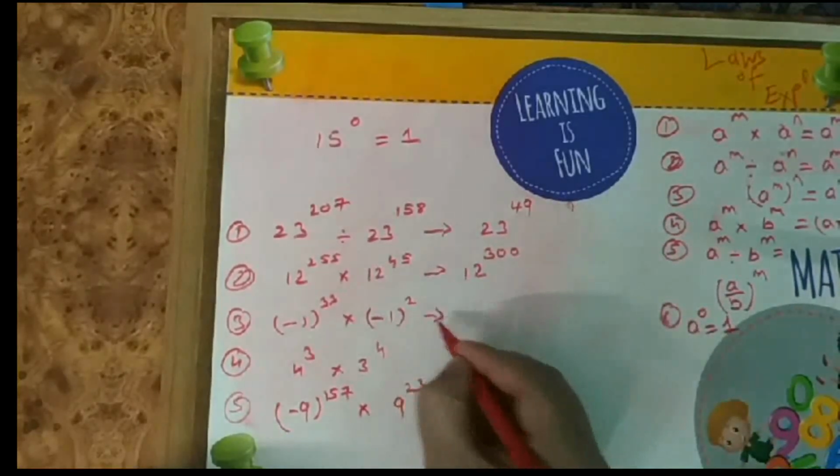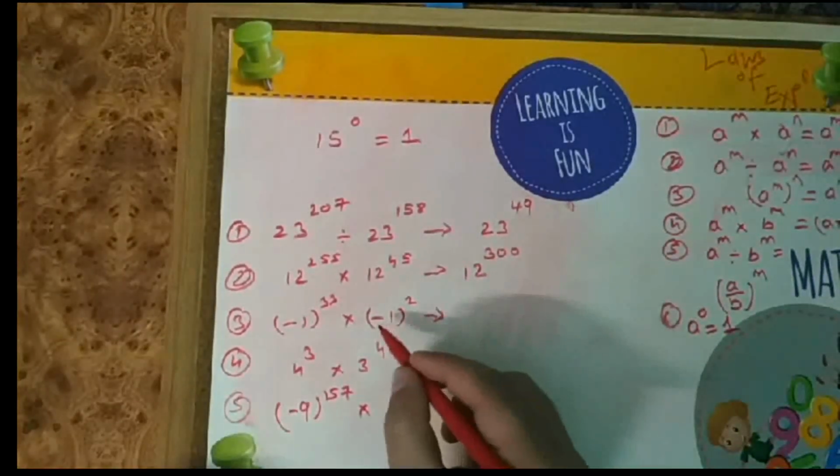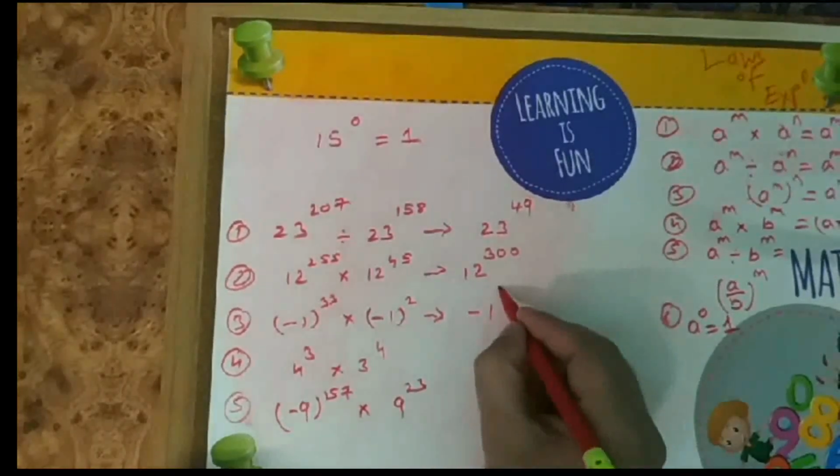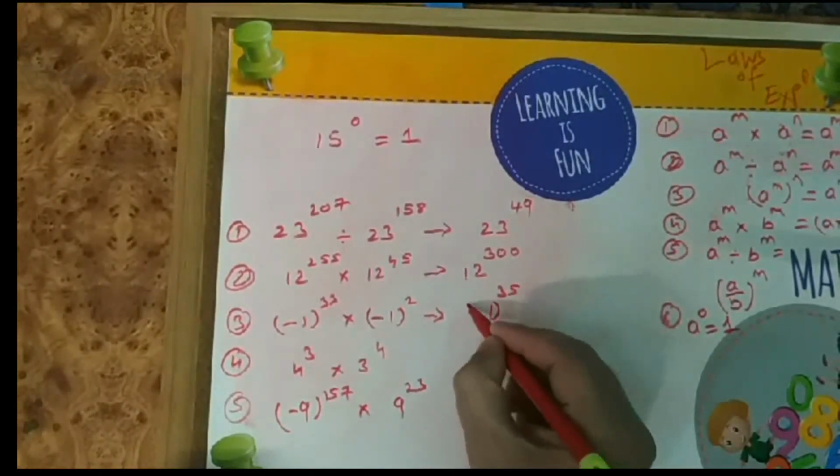The next question is also the same, where the base is the same but the power is different, so the powers get added and the answer will be power 35.